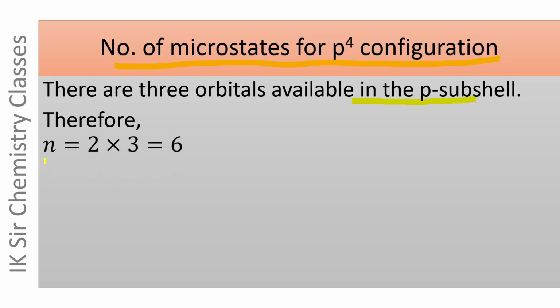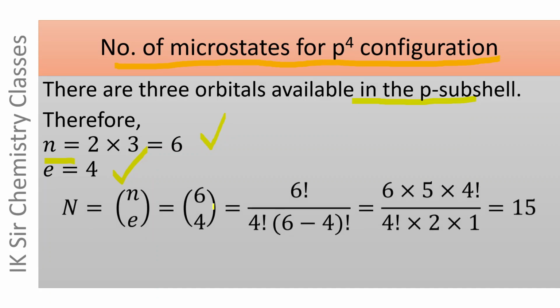Therefore, the value of n is 6 as discussed earlier, and the number of electrons is 4, and the number of microstates can be given as 4 electrons distributed among 6 electron positions in these different ways, and on solving again the result is 15. It means 4 electrons can be arranged in the p subshell in 15 different ways.